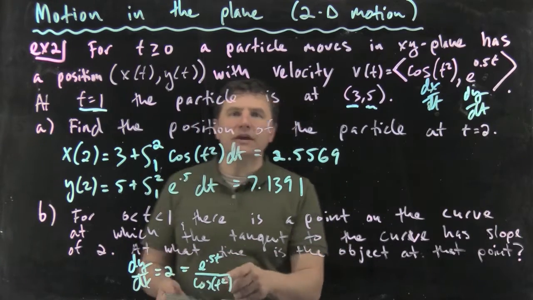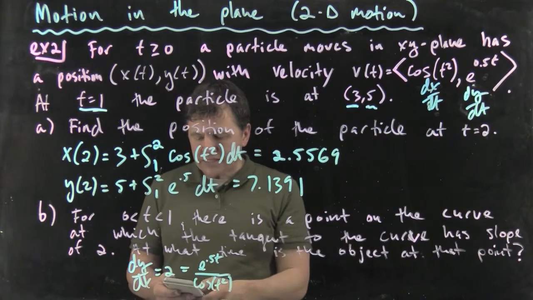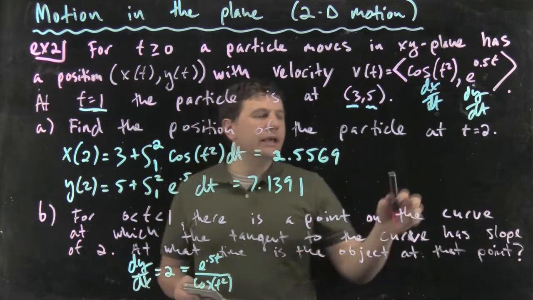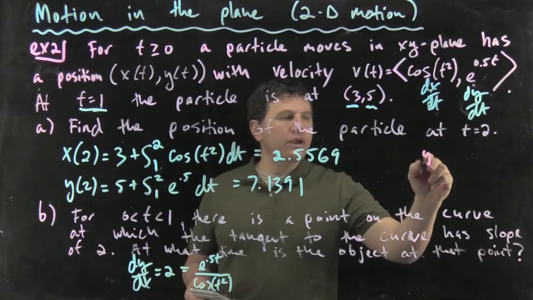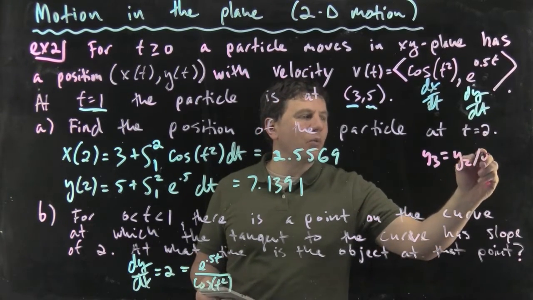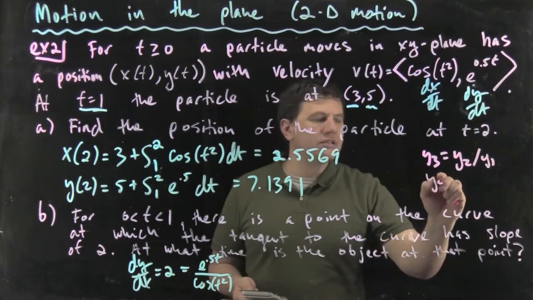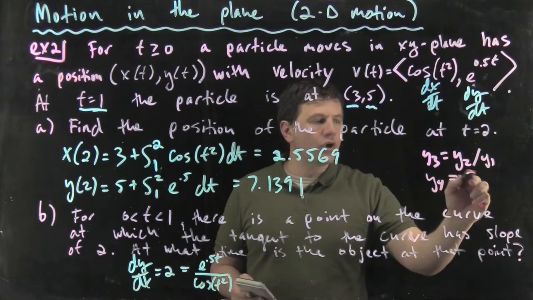And that's actually giving me my dy over dx function. Now I'm interested when that's equal to 2. So essentially, for y sub 3, I'm entering y sub 2 divided by y sub 1. That's going to give us this dy over dx term. And then y sub 4, I'm going to enter 2.